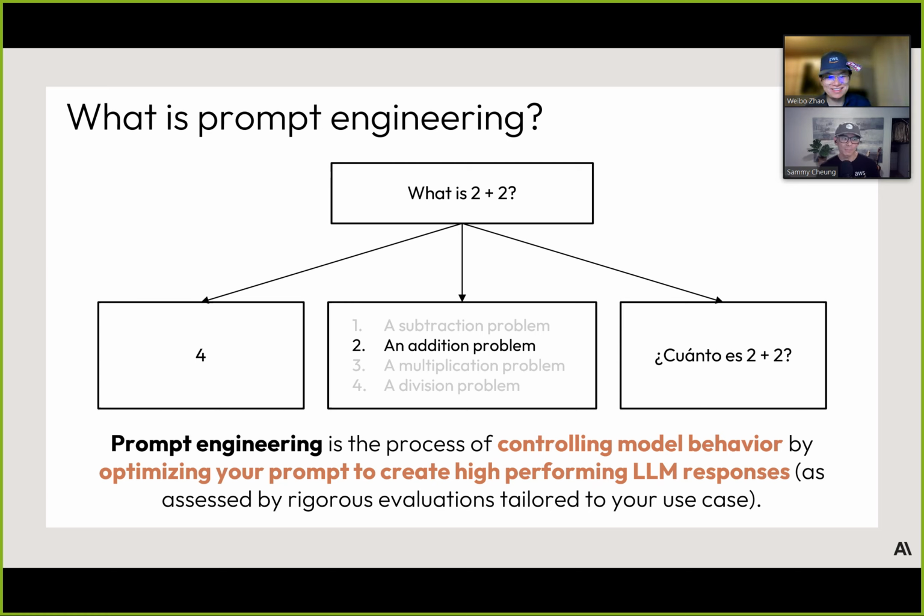But basically, prompt engineering is the process of controlling the model behavior by optimizing your prompt to create a high performing LLM response. Simply, it is a way for the system to understand what you're trying to say within the context, so that it can have a high performance output for what you are seeking, tailored to your use case. Yeah, that's a really nice summary.